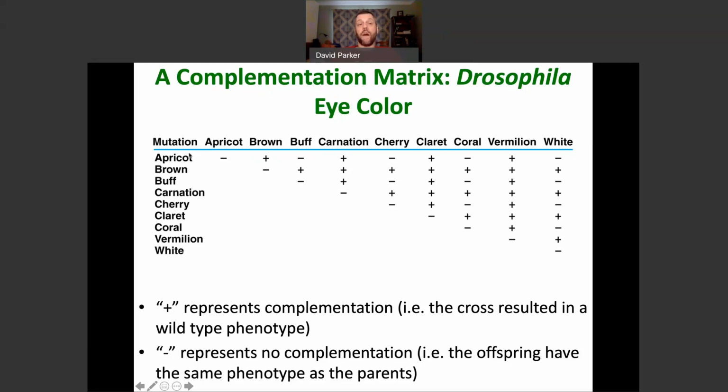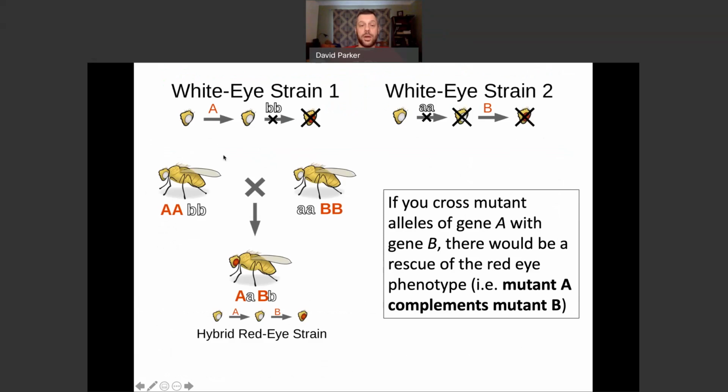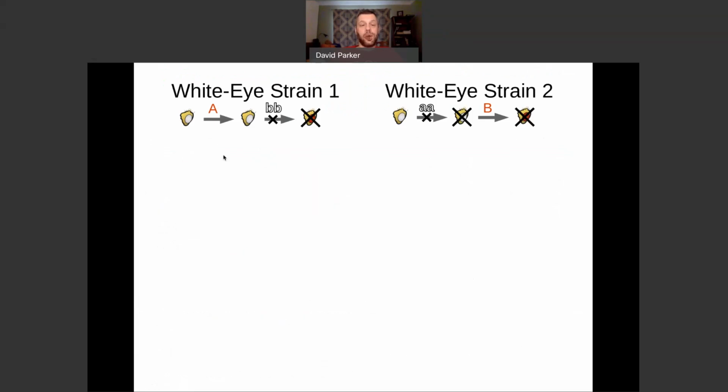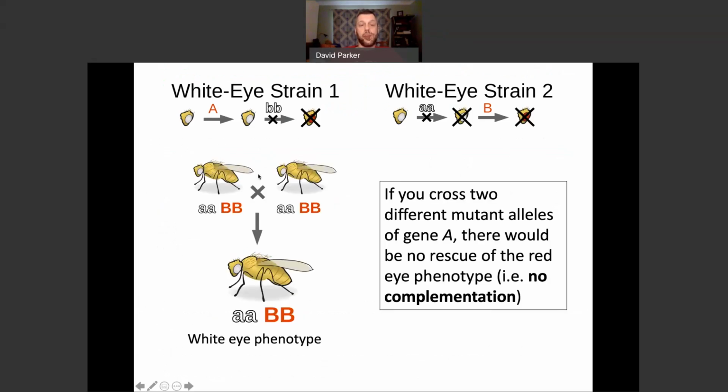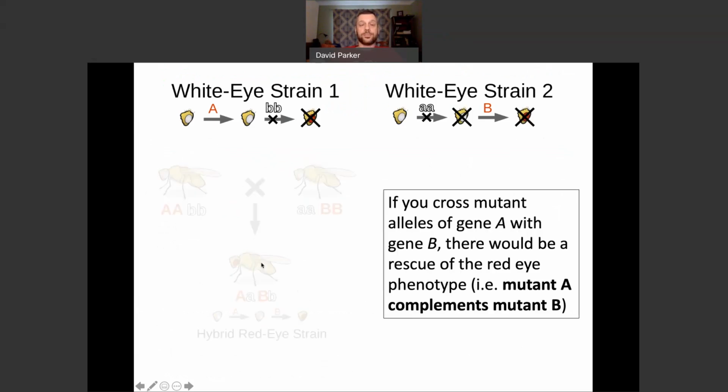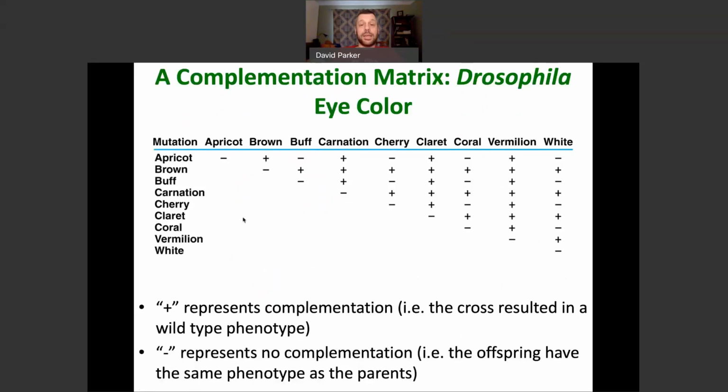So if I do a self-cross, I'm always going to get a minus, because that's just like this situation. I just basically crossed the same thing together. No complementation occurs. And if you look down the complementation matrix, you'll see that whenever you cross something to itself, you always get a minus.